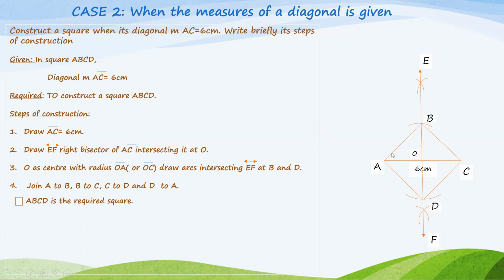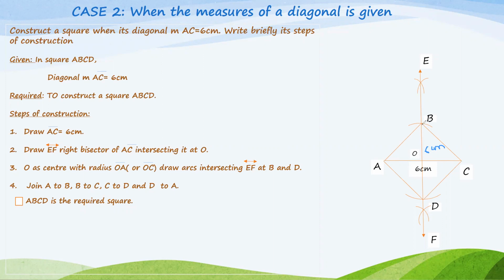Now students, when you measure this BD, it must be equal to 6 centimeters. If BD is equal to 6 centimeters, that means your construction of the square is correct.